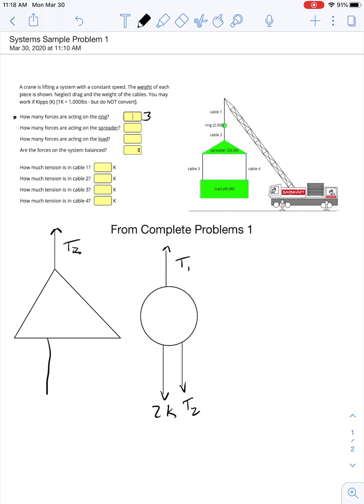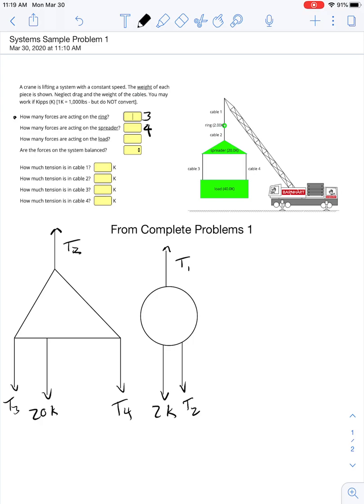It has its weight, which is 20 K. And it has cable 3 and cable 4 pulling down on it. So let's call that T3, and we'll call this T4. How many forces are acting on the spreader? There are 4 forces.